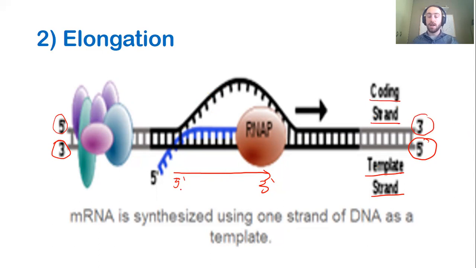So our newly formed RNA is identical to the coding strand because they run the same direction, 5' to 3'. However, what differs between RNA and DNA? Well, our RNA has uracil instead of thymine. Other than that, the strands are identical.